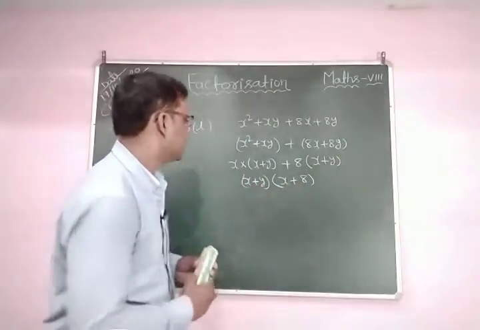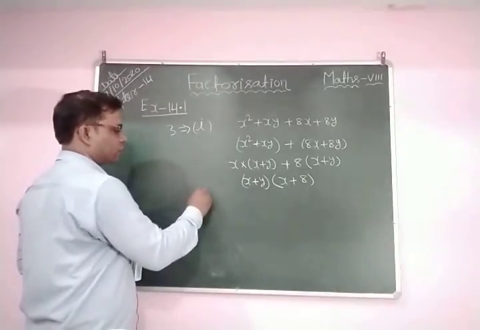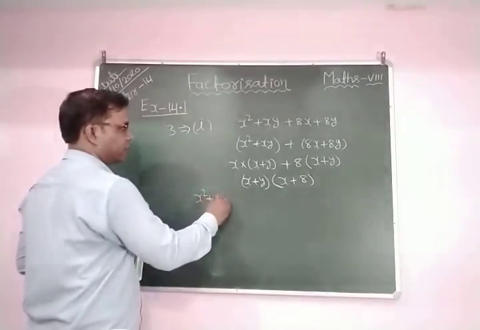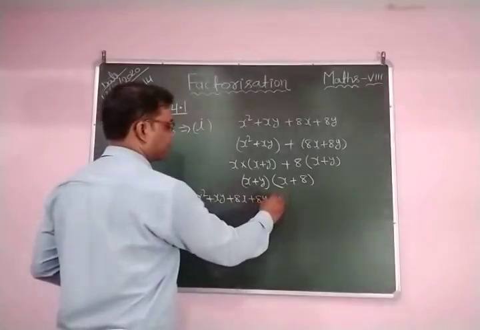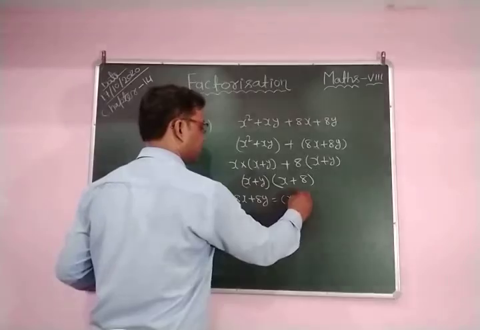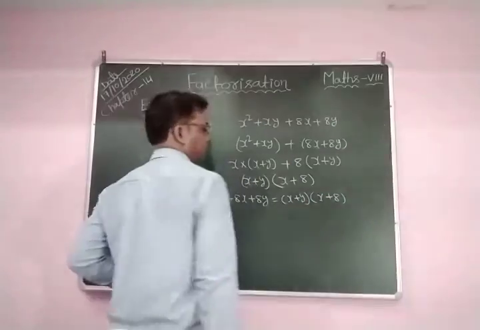In this way, the factorization of x square plus xy plus 8x plus 8y is equal to x plus y into x plus 8.